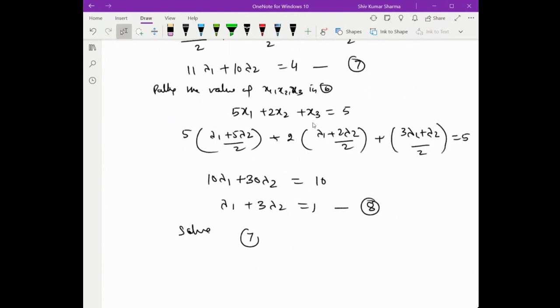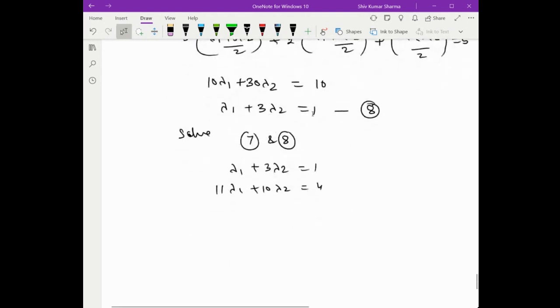So we solve equations 7 and 8. When we solve 7 and 8, we have lambda 1 plus 3 lambda 2 equal to 1 and 11 lambda 1 plus 10 lambda 2 is equal to 4. So we multiply the first equation by 11 and subtract.